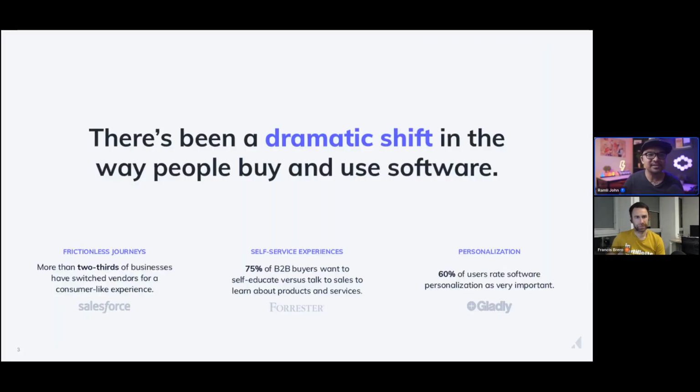You've probably already seen this shift in the way people buy and use software. This is not new. Think about the last time you bought software. Most likely you signed up for it, and you wanted a free trial. There are some B2C examples, and we'll share a few, but it will be mostly B2B focused. Across the board, from Salesforce, Forrester, and Gladly, there's really been a more try-before-you-buy trend.